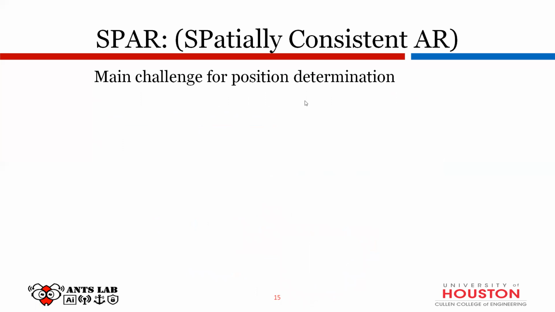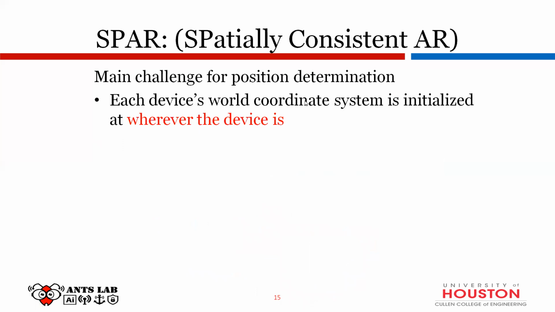So the main challenge for the position determination is that each device's world coordinate system is initialized at wherever the device is. Like there are two devices: one is initialized at point A, and the other one is initialized at point B. Because they are in different places, even if the same object is at point C, they might show different coordinates between the two devices.